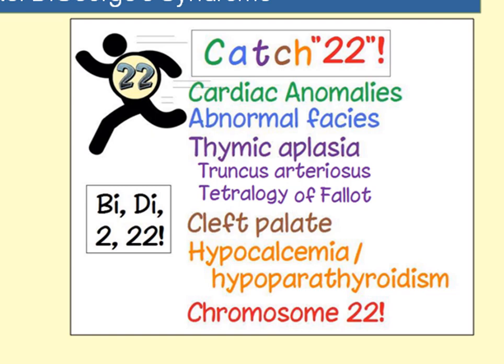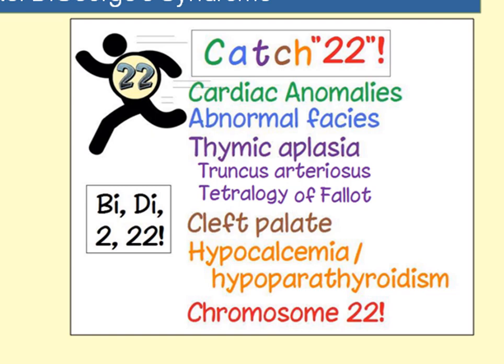These patients have cardiac anomalies. This is C of the CATCH, abnormal faces for the A, thymic aplasia for T, and of course you can include the congenital cardiac anomalies such as truncus arteriosus and tetralogy of Fallot for the T as well.